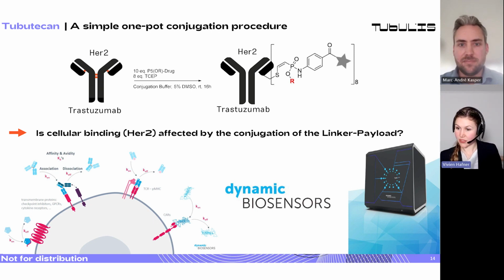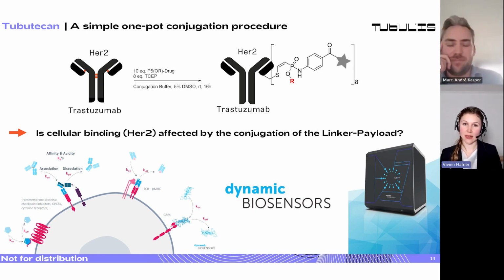And there's also a question about internalization, whether we saw any internalization during the measurements of these ADCs. Internalization is something we are very strongly looking into at the moment. Of course, it's a bit difficult to tell because the fluorescence will still be detectable whether it's outside of the cell or in the cell.